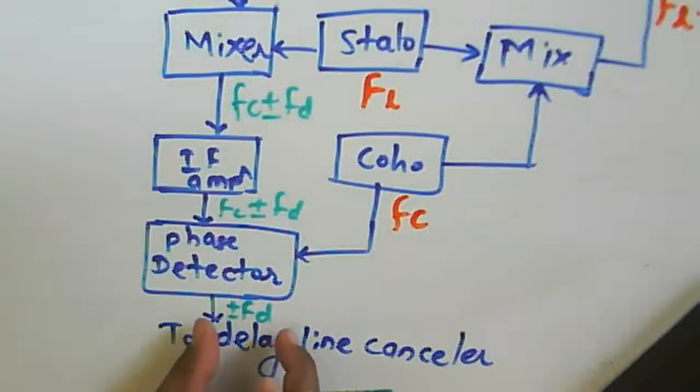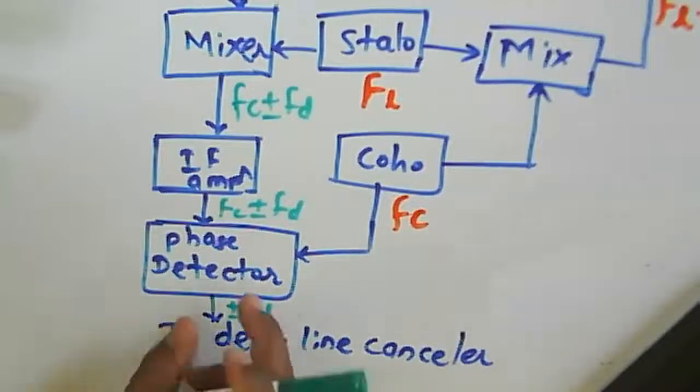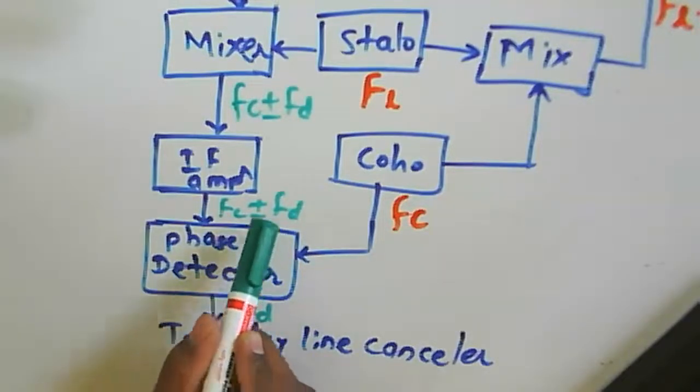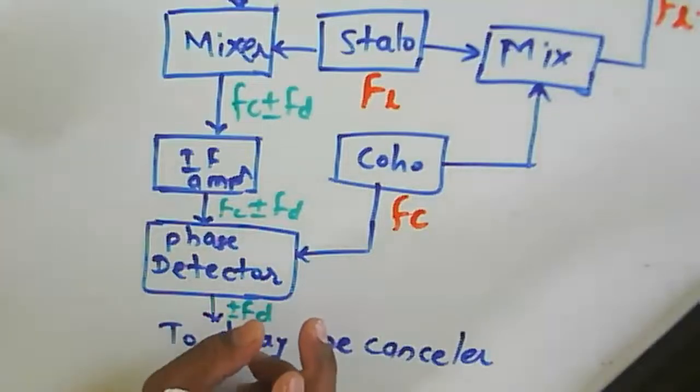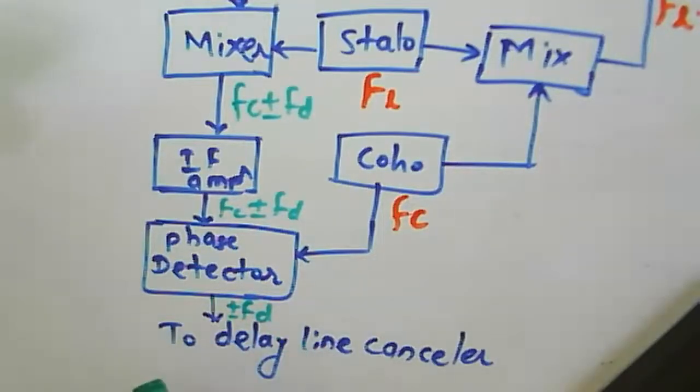It's not only plus or minus FD. There may be clutter, and that clutter can occur even at zero frequency. So we can say FC plus or minus FD, there will be the clutter, and that clutter occurs at zero frequency.